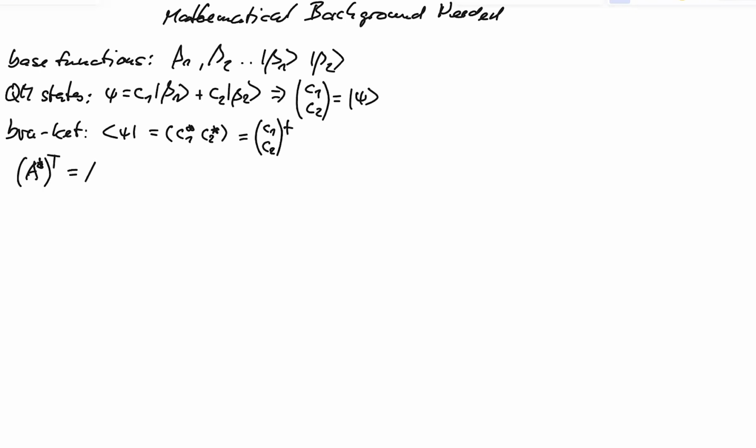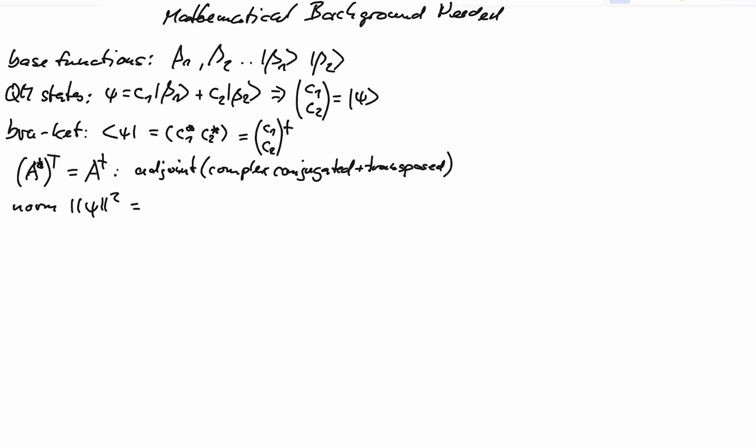So as I say here, A dagger equals the complex conjugated and transposed matrix A. Then we have the norm of a vector, in this case psi.